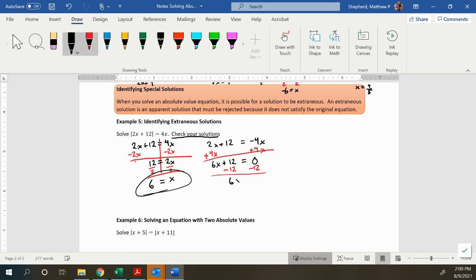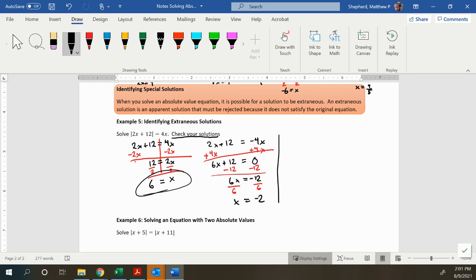And we get 6x is equal to negative 12. Divide by 6. x is equal to negative 2.